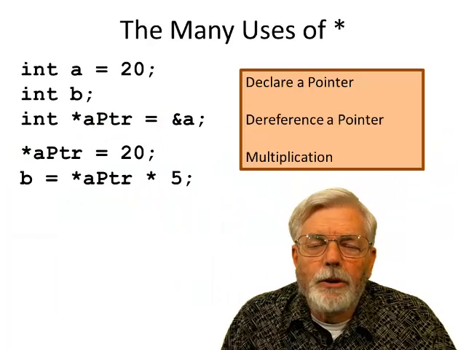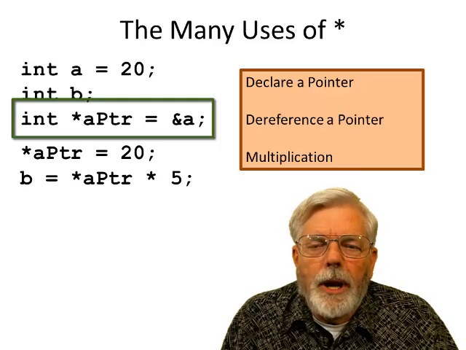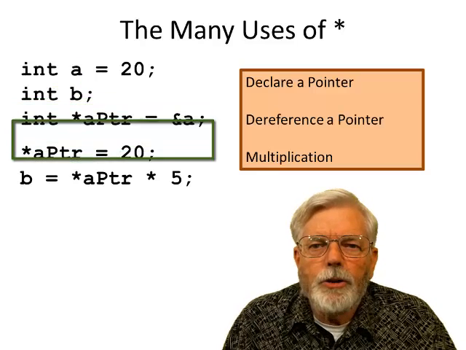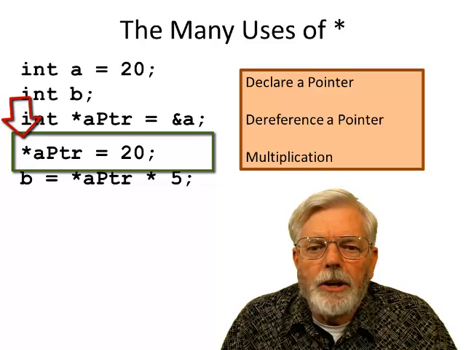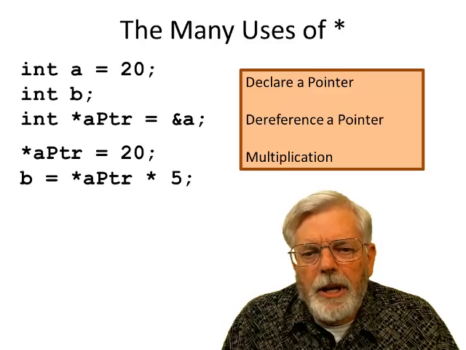There are many different uses for the star. I can use the star when I'm declaring a pointer, such as int star A PTR. I also can use the star when I'm dereferencing the pointer and looking up the contents of A. So if I'm not declaring it, then I'm using it to look something up.